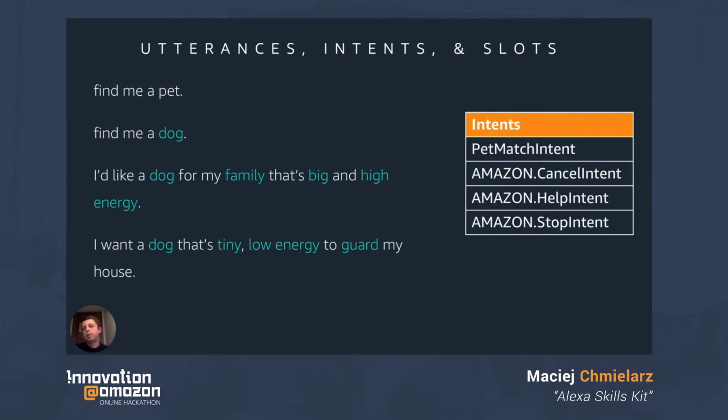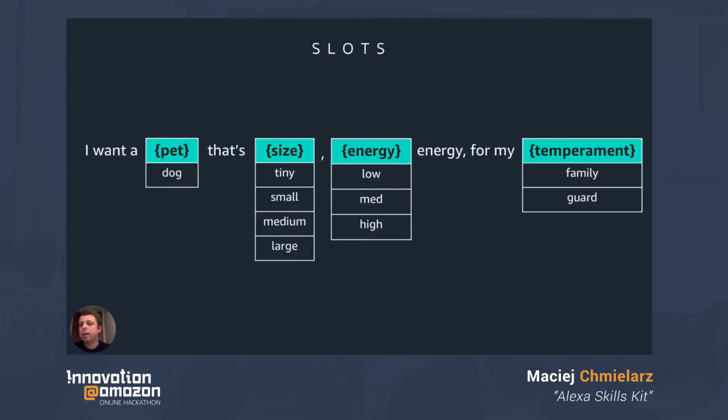And the pet match skill can process this kind of intent, and can also receive system intents, like cancel intent, help intent, stop intent. And of course, you can define more than one intent for your skill as well. In this case, as I said, we have 4 slots in this intent.